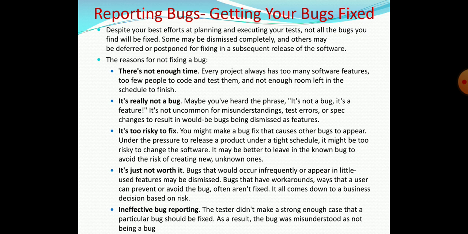So if some spelling mistakes are there in the help part, that kind of thing can be skipped because for the time being the help part is not that important to release the software. Okay, so that type of bug may be said to fall under it's just not worth it.